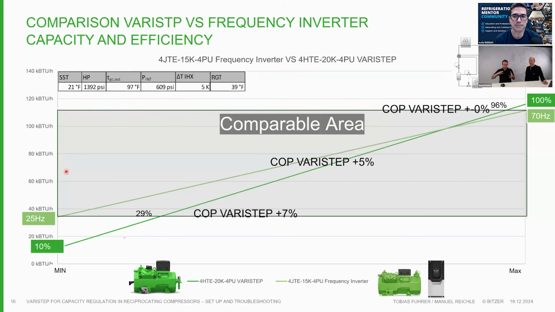In subcritical, it looks a little bit different, but on average, depending on what you calculate, if you compare the Varistep and the frequency inverter in the comparable area, with comparable displacements, then the Varistep and the frequency inverter are efficiency-wise always on the same level, with a small tendency that the Varistep has a slight benefit, so 1 or 2% on average over all the families.